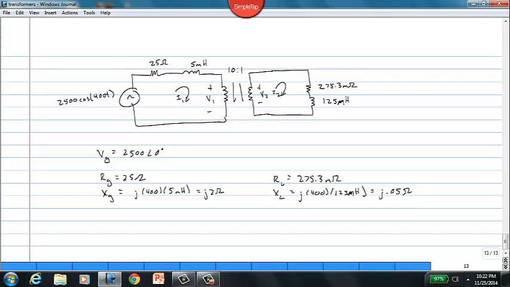So what we're going to do is write the mesh current equation around the primary side. That's going to be 2,500 volts at angle 0 degrees is equal to the current flow, which is I1 times 25 plus J2 ohms, and instead of having to take this inductor into account, we just add V1.